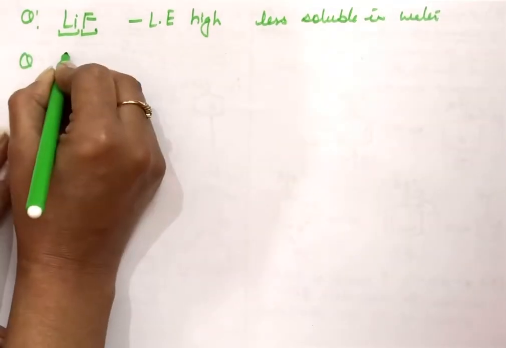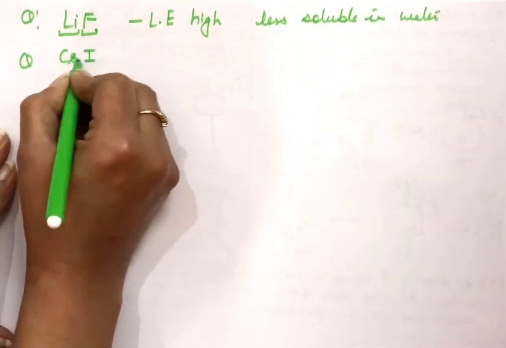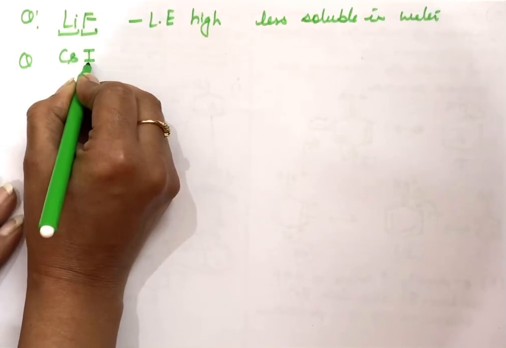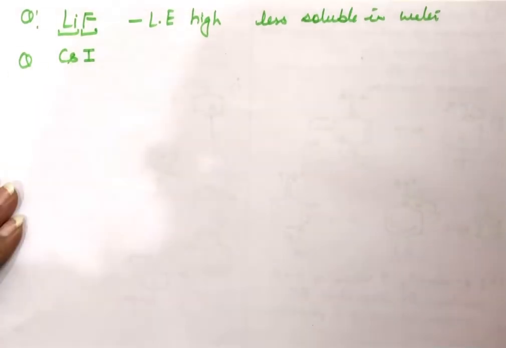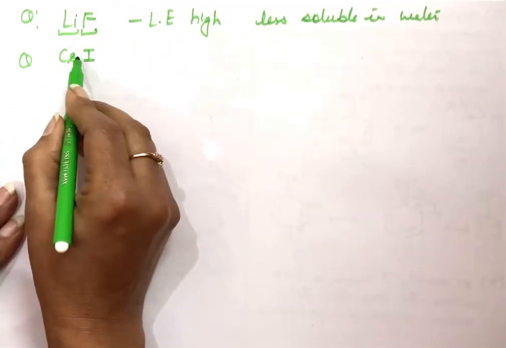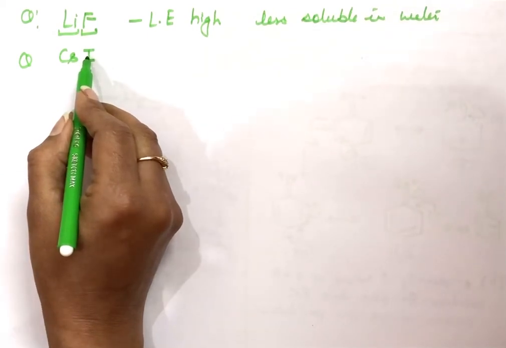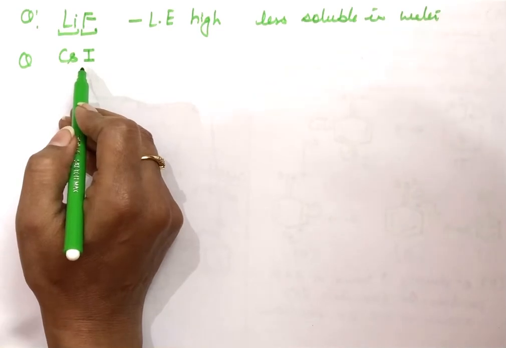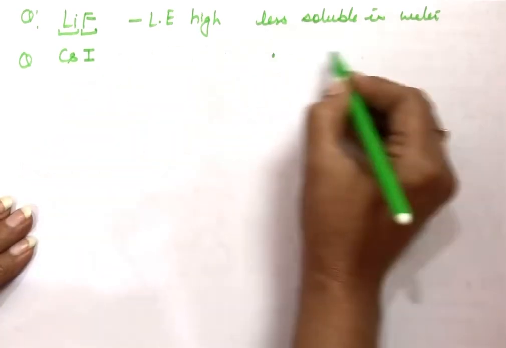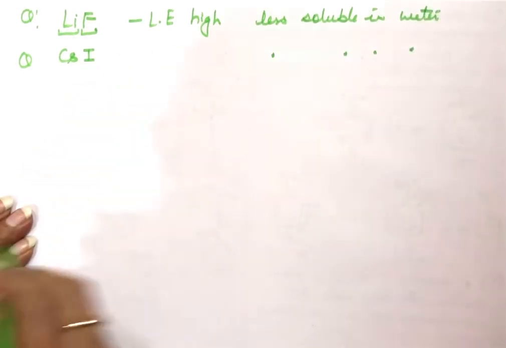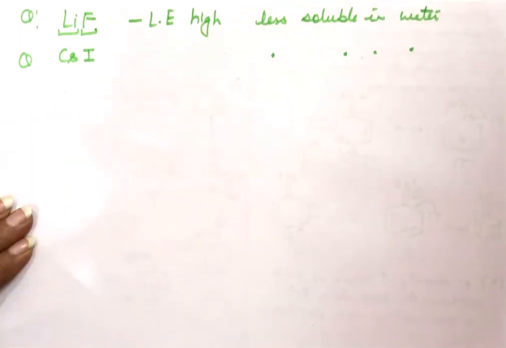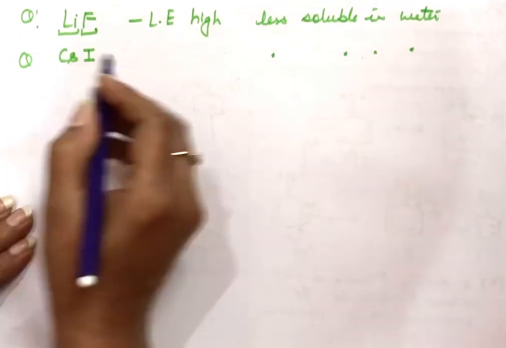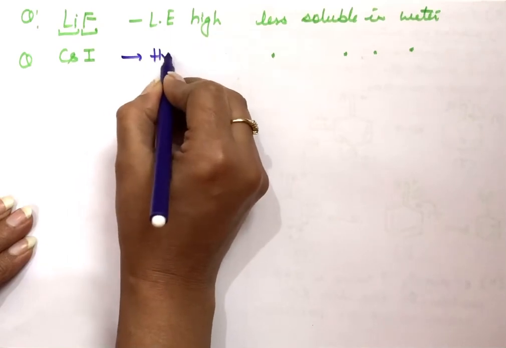But if we take cesium iodide, the size of both ions is big, yet it is still less soluble in water. That means the bond is breaking easily. Lattice energy is not high, it is low because the size is big. But still it is less soluble in water. So what is the reason? It's not on the basis of lattice energy now. This is on the basis of hydration energy.